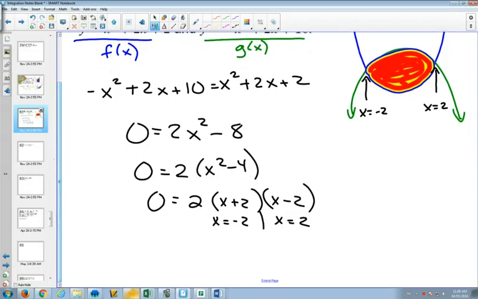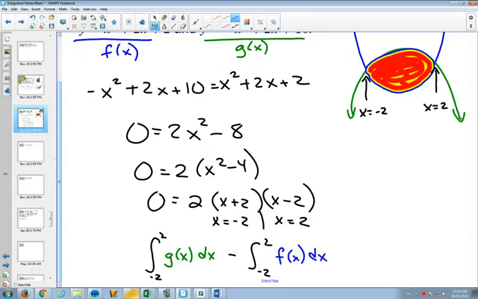So we need to do the integral from -2 to 2 of the green one, which is g of x, and then we need to subtract the integral from -2 to 2 of the blue one. That's going to be the idea to find that area in between.